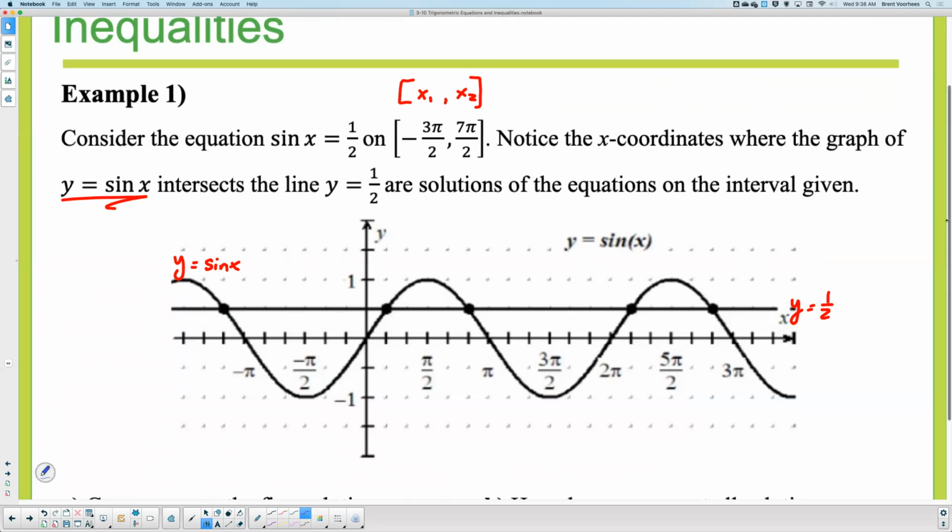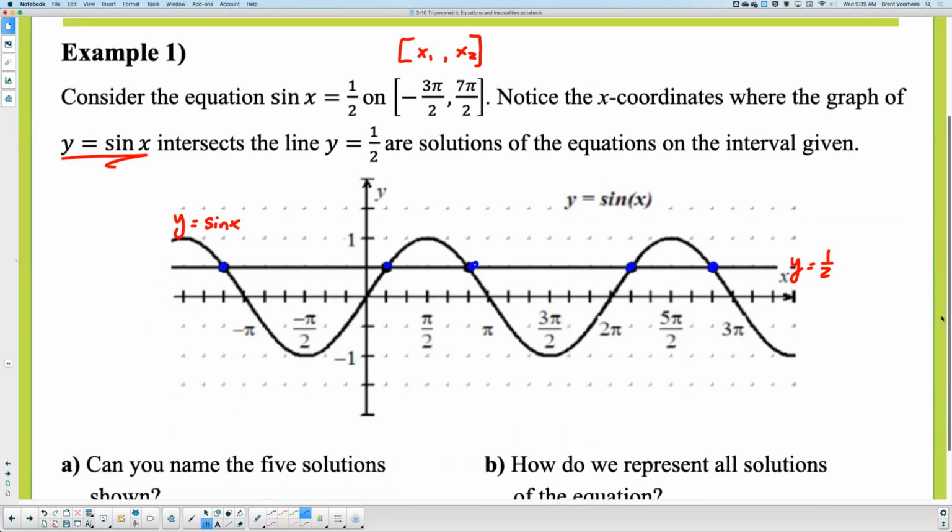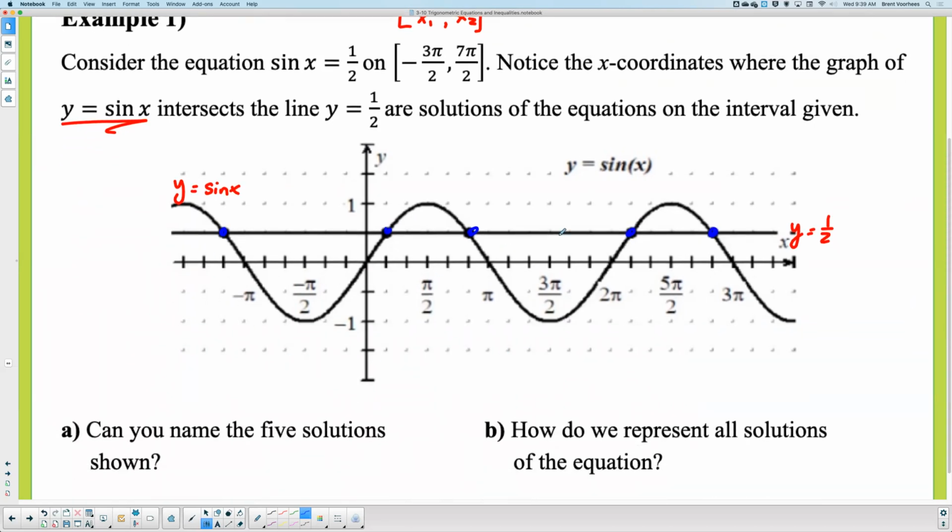How many intersections do you see between these two graphs, y equals sine x and y equals 1/2? 1, 2, 3, 4, and 5. We'd have 5 solutions.